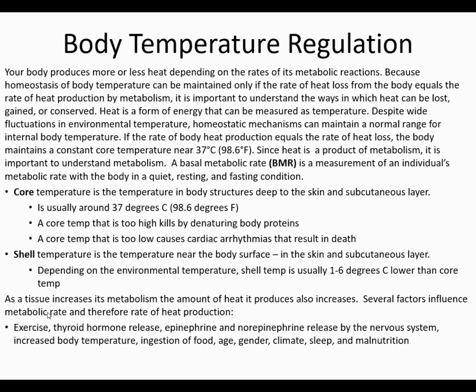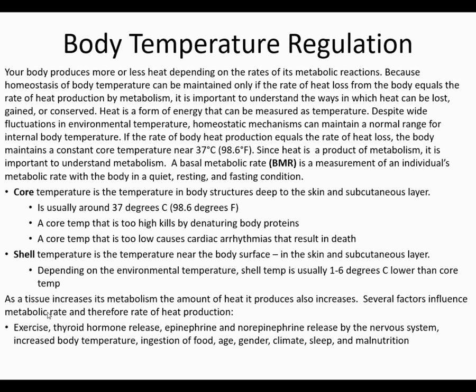Now, heat is a form of energy. It's actually a form of kinetic energy. You can't really see it, but we can measure it with temperature. And we'll talk more about core and shell temperatures here in just a second. Despite wide fluctuations in environmental temperatures, homeostatic mechanisms can maintain a normal range of internal body temperature. We have several different things that we do to help either promote heat loss or promote heat gain.